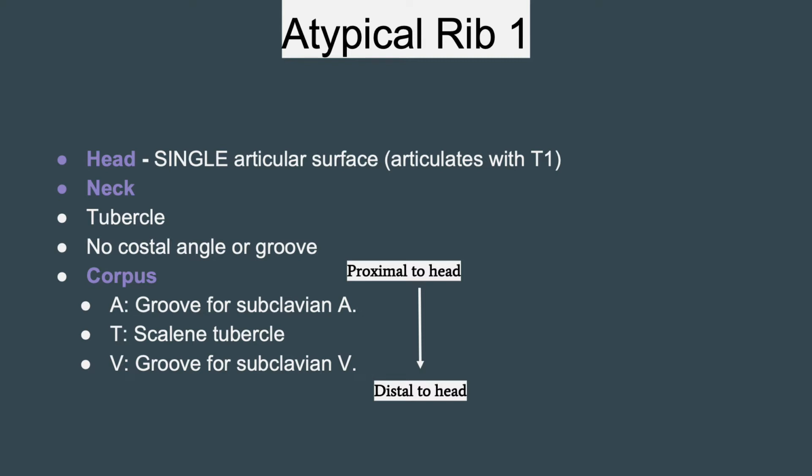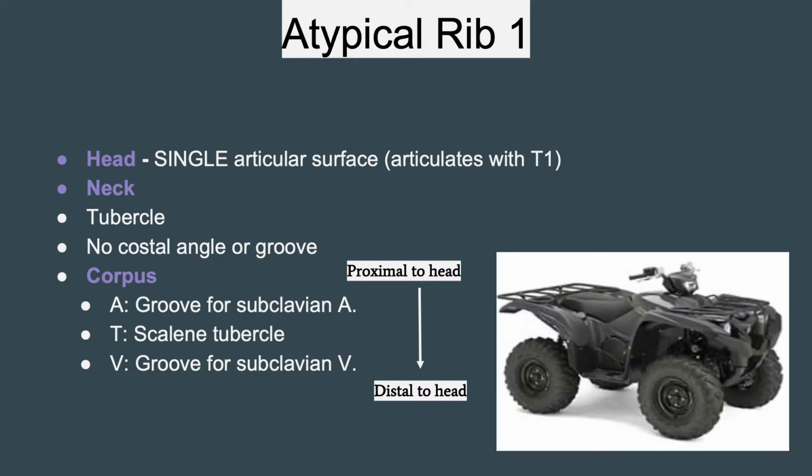So the mnemonic is ATV, and know the directions. So the A is going to be closest to the head of the rib, and then the V is going to be most distal. So A stands for artery, so that's going to be that groove for the subclavian artery.